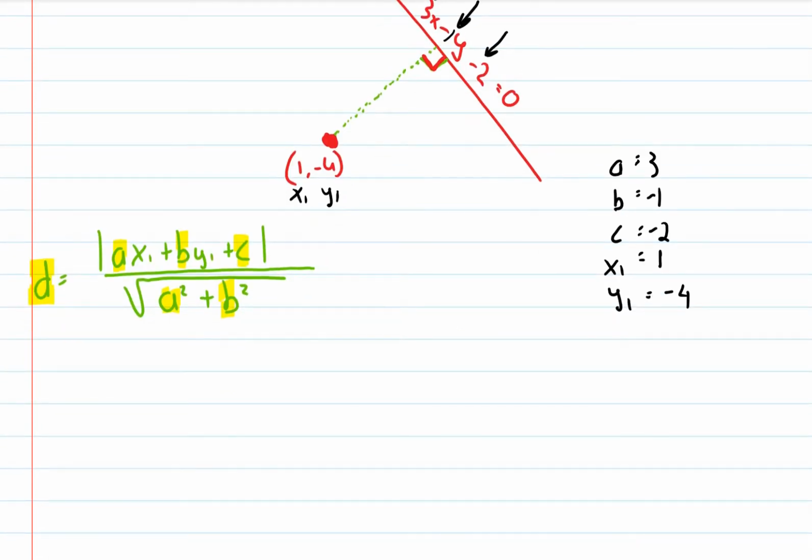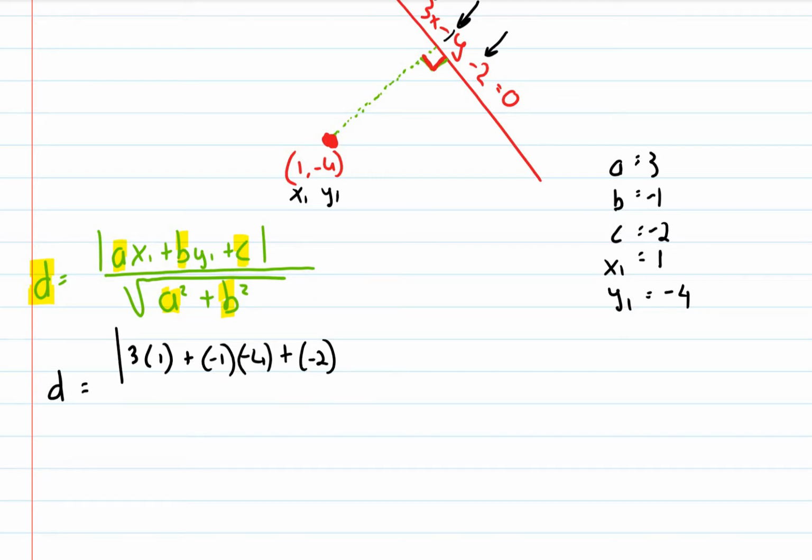And we just slot it into this then. So the distance equals the modulus of, well, a is 3 and x1 is 1, plus b is minus 1, so we have minus 1 there, and then y1 is minus 4, plus c, minus 2.